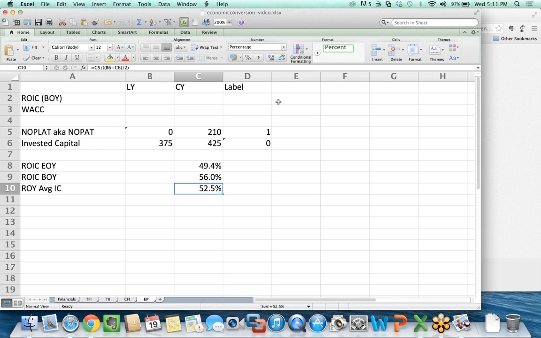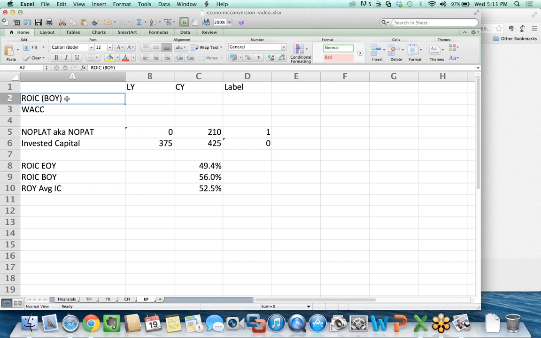All three of those methods would be used in the real world, and we would ultimately identify what was appropriate to give us a better understanding of the valuation of the company. But in this class, unless I tell you otherwise, we're going to use what's typically called a BOY, B-O-Y, ROIC. The reason is that when we do the valuations of the companies using the economic profit valuation methodology and the DCF, we get an identical answer.